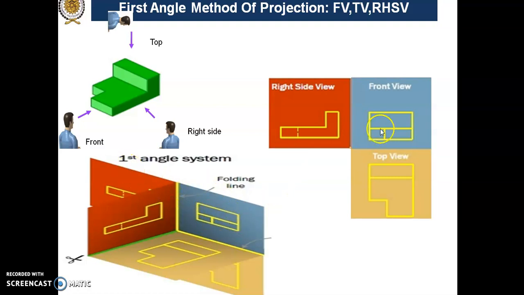You just see, this is the front view over here, here is the top view, and here is the right hand side view. The right hand side view will represent the width and the height of an object. The front view will represent the length and height of an object, and the top view is going to represent the width and length of an object.